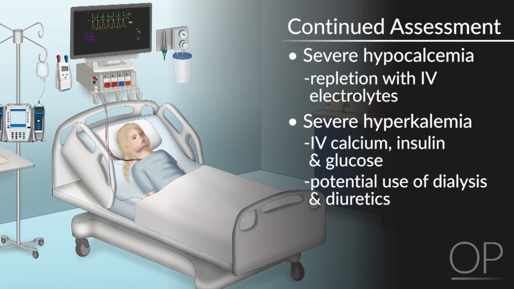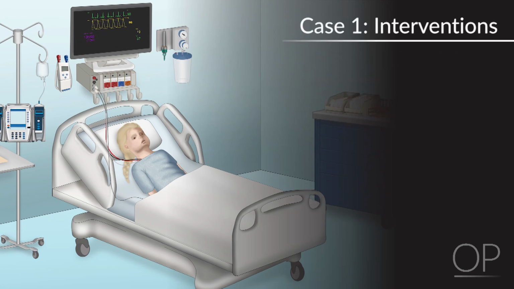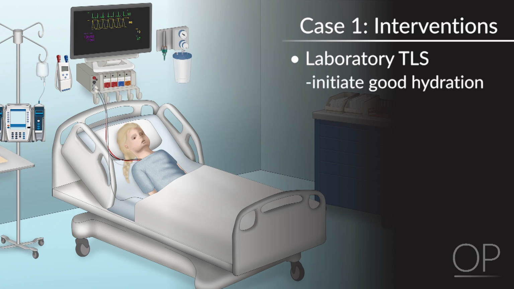Of note, for hypokalemia, we ask that for patients with tumor lysis syndrome, you not replete this without discussion with your fellow and your attending. And so what are the things that we can do and propose when we talk to the oncology fellow? She had lots of signs of laboratory tumor lysis syndrome. In this situation, because the patient's not showing any clinical signs of tumor lysis, we can simply make sure we've initiated good hydration and start some type of uric acid management, whether that be allopurinol or rasburicase.